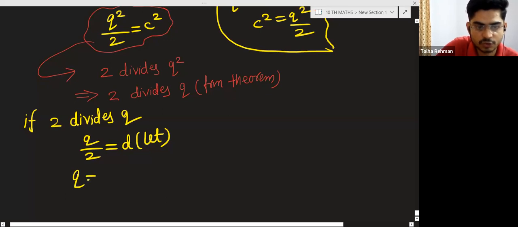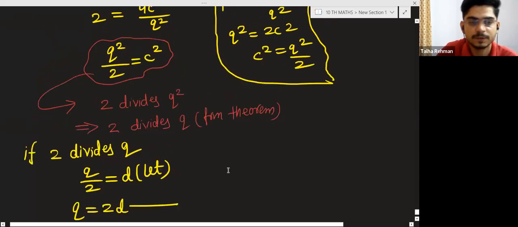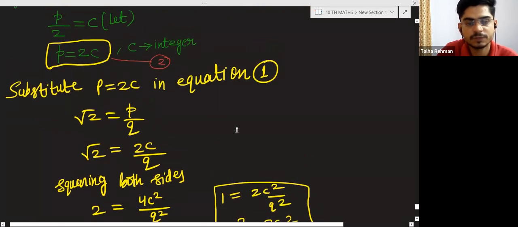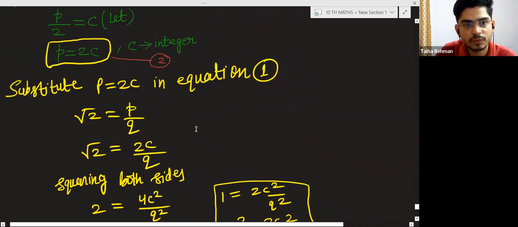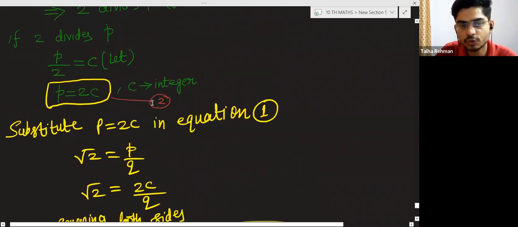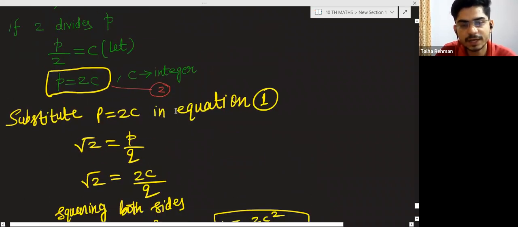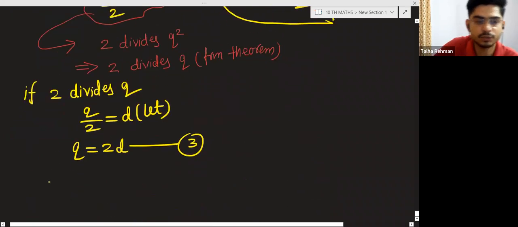From here Q is equal to 2D, and this is equation number 3. From equation 2, P is equal to 2C, and Q is equal to 2D.